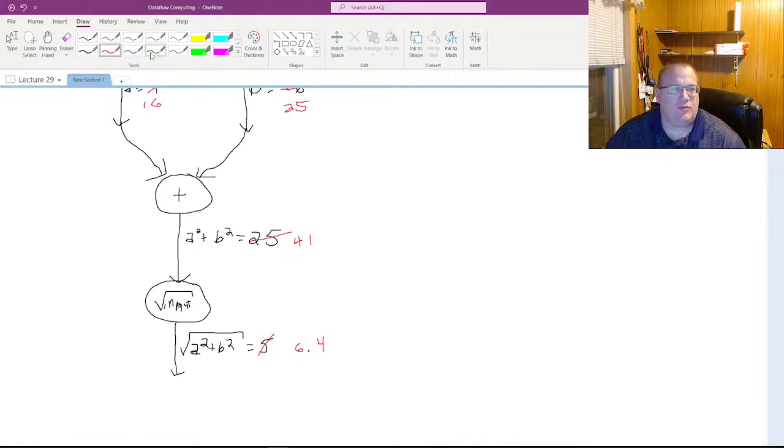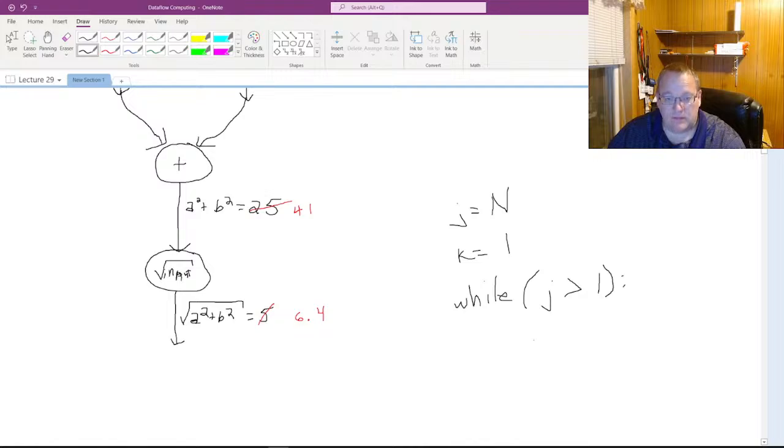The book shows us how to do a loop with this. So let's say j equals some value of n, k equals 1, and then while j is strictly greater than 1, k equals k times j, and then j gets j minus 1.